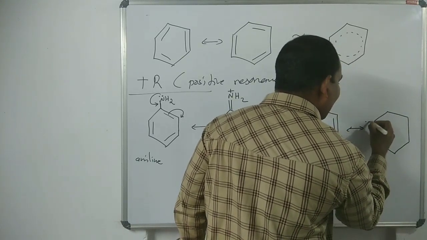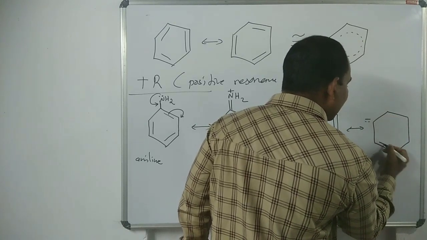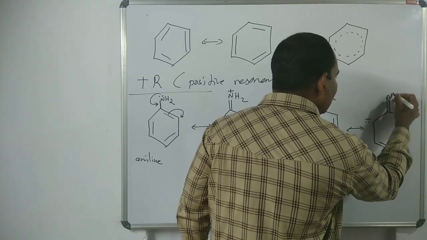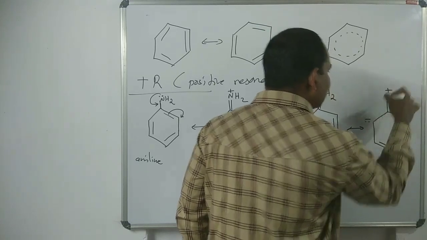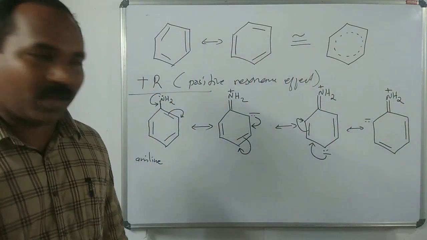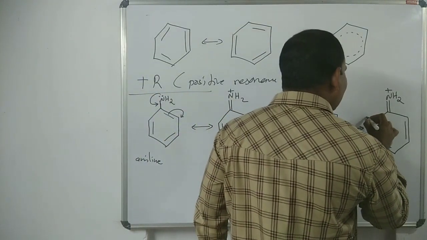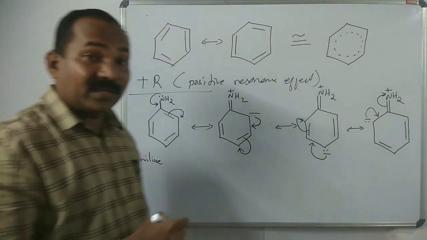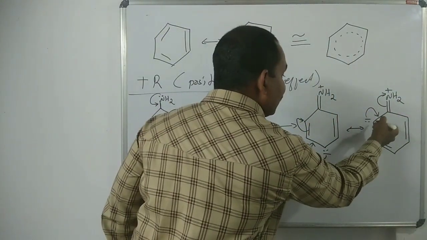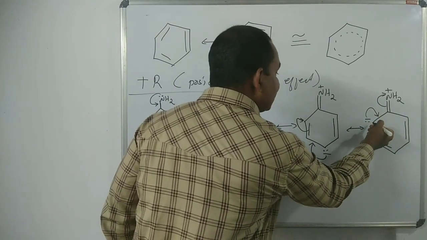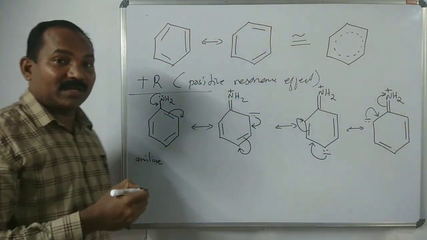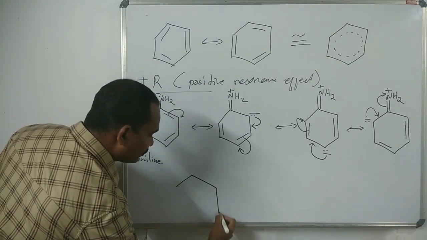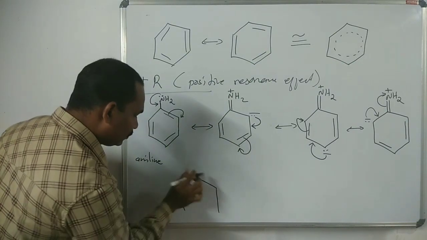Now the 5th carbon has a negative charge, a double bond is present here, another double bond, and NH2 plus. Finally, the electron pair shifts between the 6th carbon and the 1st carbon atom, so a double bond is created there.